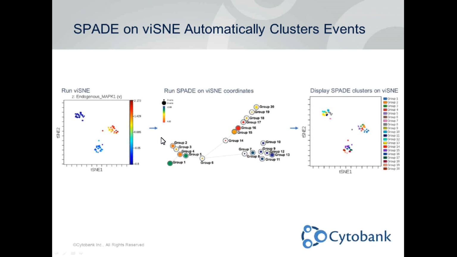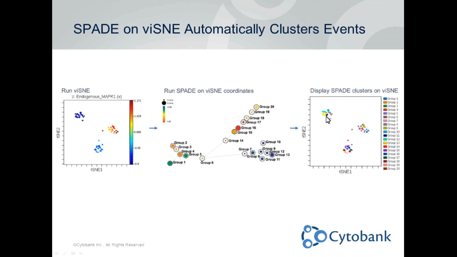But we can take it a step further. VISNE is a great tool. A lot of people use it in an introductory way, but this is something that you can riff on in Cytobank. With the VISNE results, you can link SPADE and VISNE together. So you can run SPADE on the VISNE results and get hierarchical clustering on these t-SNE results.